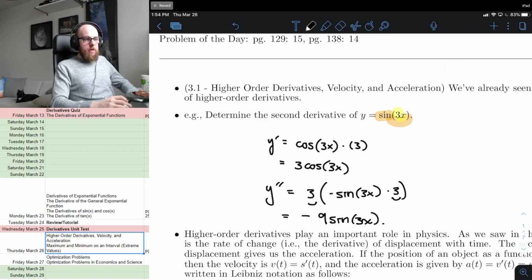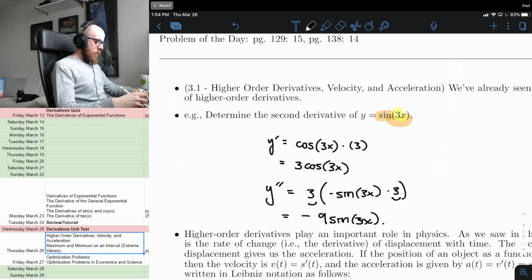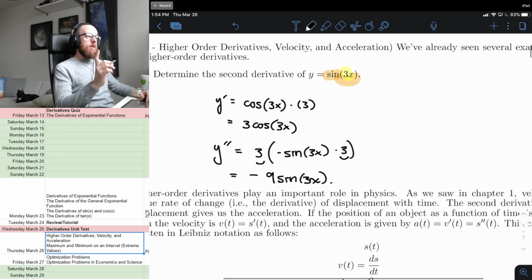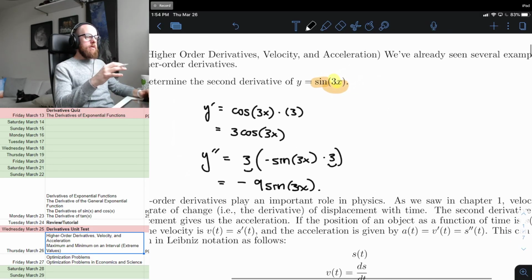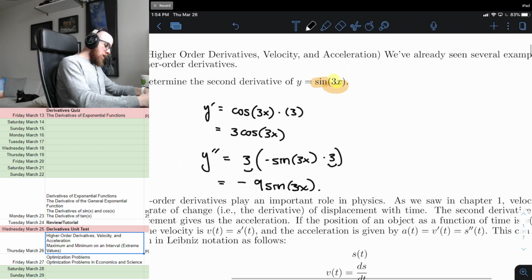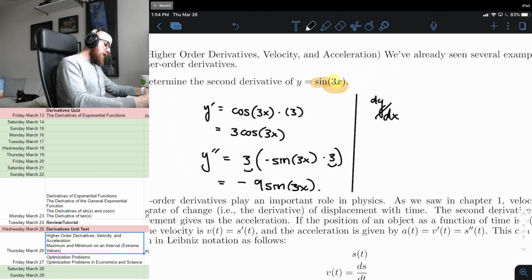One thing, this should be familiar. I think we've done pretty much something exactly like this before. I do not think I've introduced the notation for the derivative or the second derivative using Leibniz notation, so using the dy by dx. We could briefly talk about that. If I redo this exact same question but using dy by dx notation, I would have the derivative of y with respect to x equal to 3 cosine 3x.